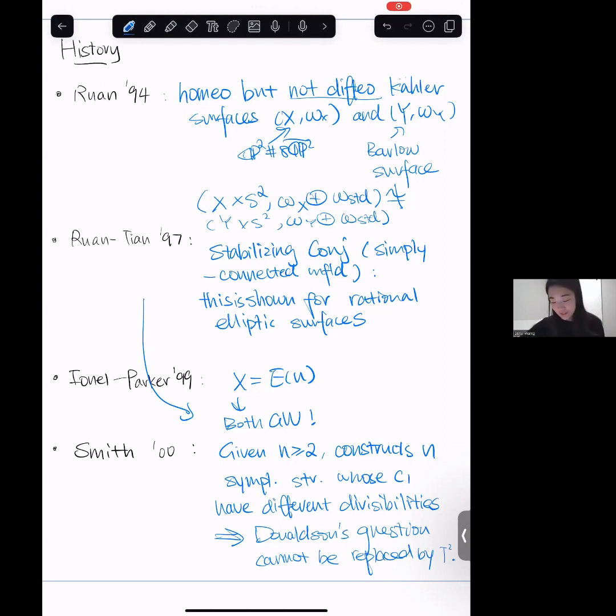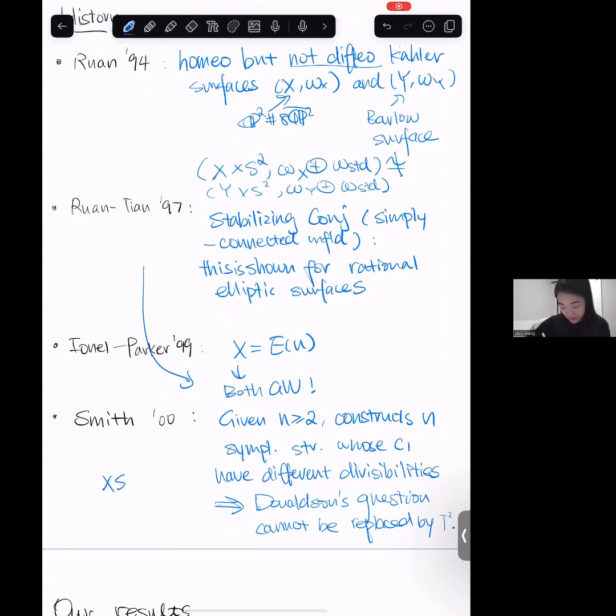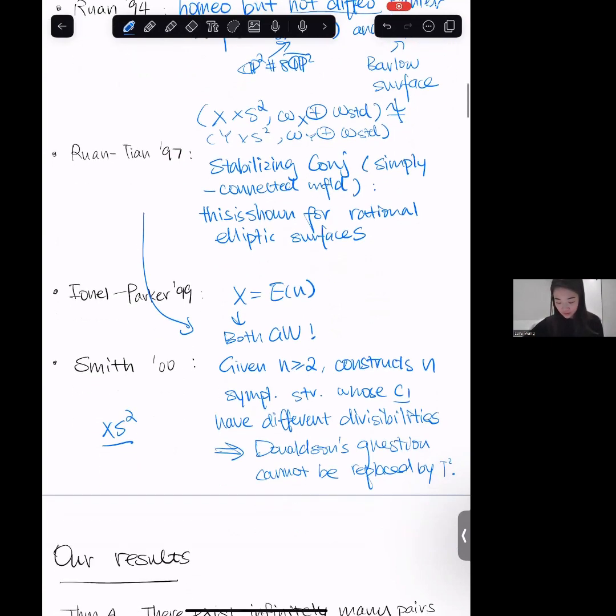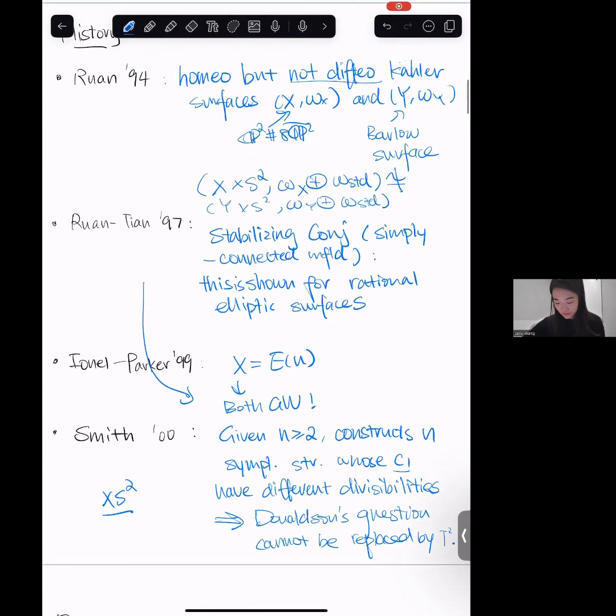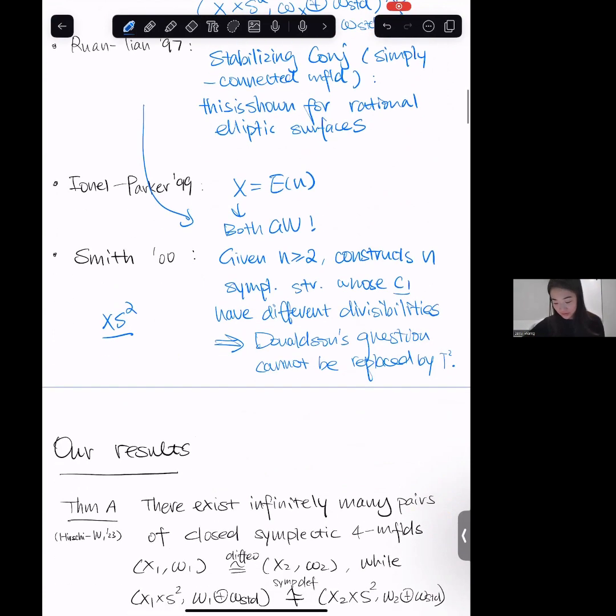So if the product is replaced by anything with 0 friction class, then you automatically get that their stabilization remain non-deformation equivalent by this friction class invariant. So yeah, this is a bit of history.